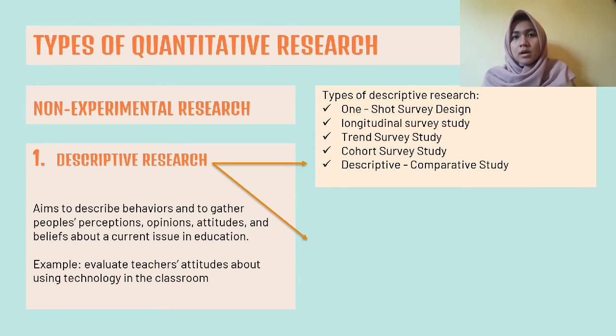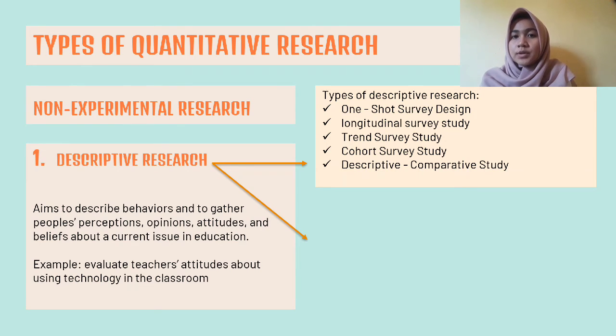And then there is cohort survey study. In this design, the researcher uses the same population each year but selects different samples from that group over time. For example, a sample of new teachers entering the field would be surveyed the first year. The next year, the same population of teachers who were selected the prior year would be used, but another sample would be drawn from the original population.